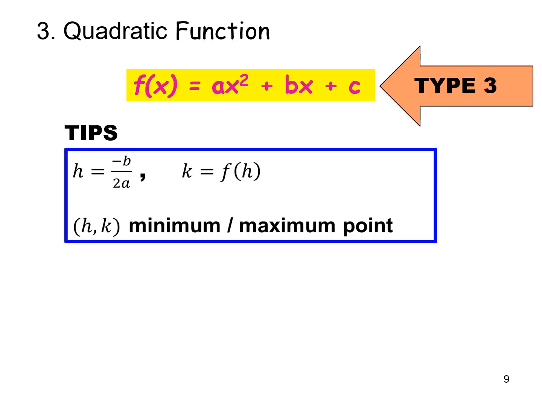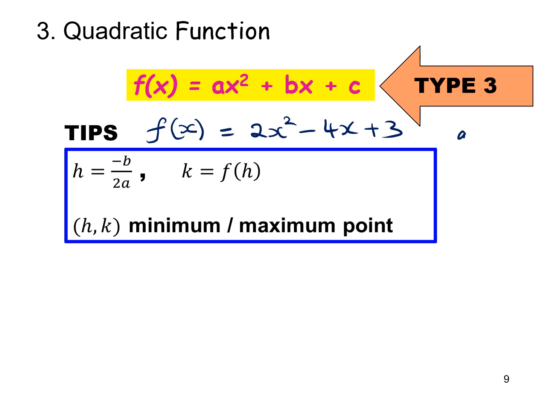Okay, let's move to type 3 for the quadratic function. This quadratic function has f(x) equals ax squared plus bx plus c. The tip to solve this question is to use the maximum and minimum point. Normally for this type of question, you will see a question like this, for example, 2x squared minus 4x plus 3.